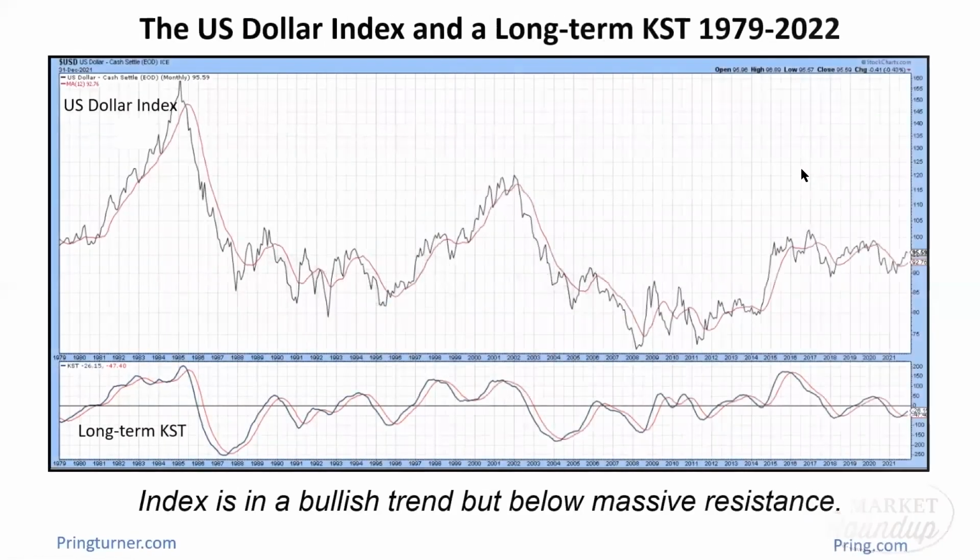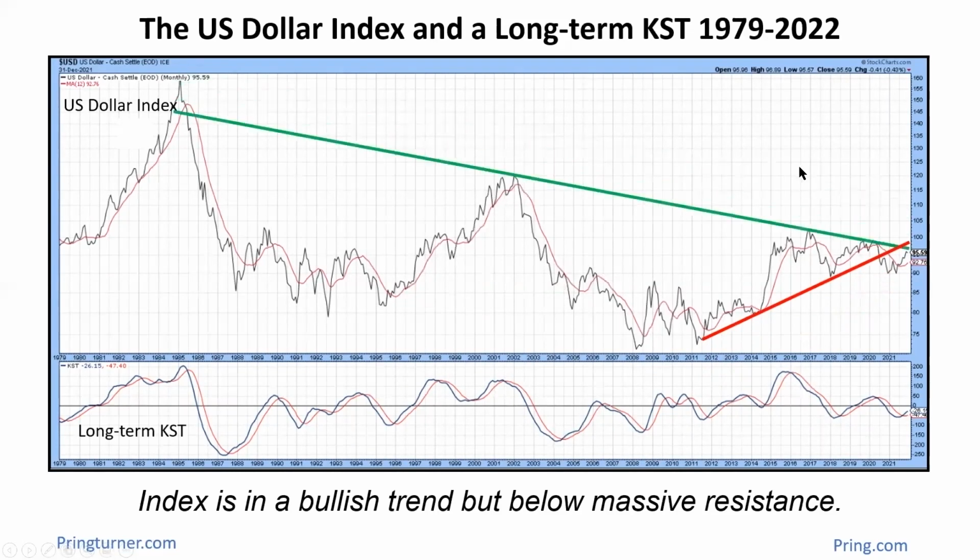So I would just quickly go to the dollar. And here's the US dollar index going back to the previous peak in 1983. The dollar is below resistance in the form of this extended trend line. It's also just below this downtrend line just here, and the KST is positive.